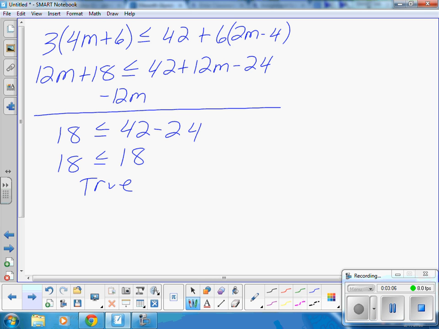When is 18 equal to 18? Always. Okay? This comes down to two constants in which the statement is true. Since I have a true statement, but I don't have a variable, then that means the answer set is x for all x is a real number, and the symbol for that would be a capital R, meaning all real numbers.